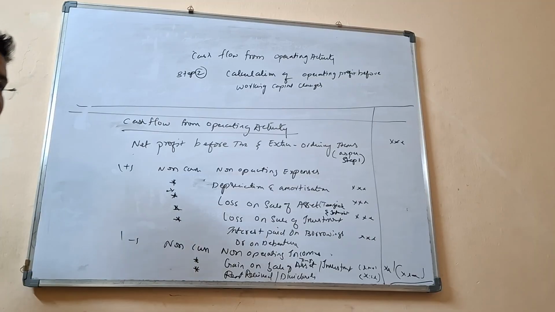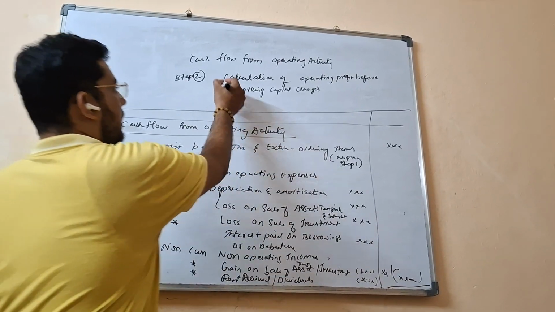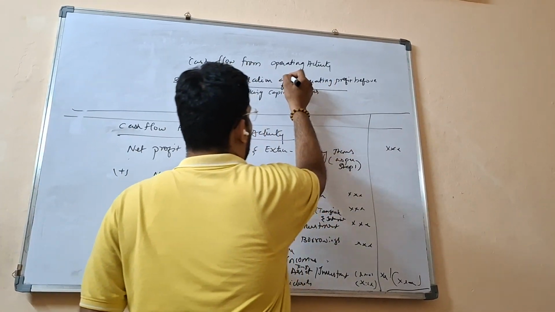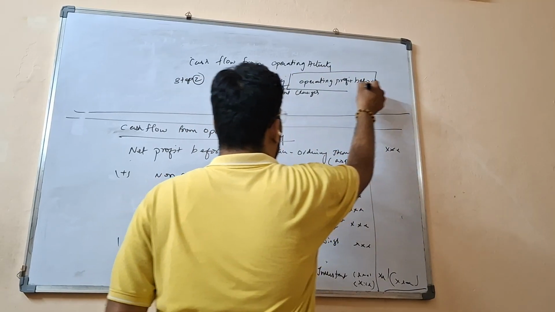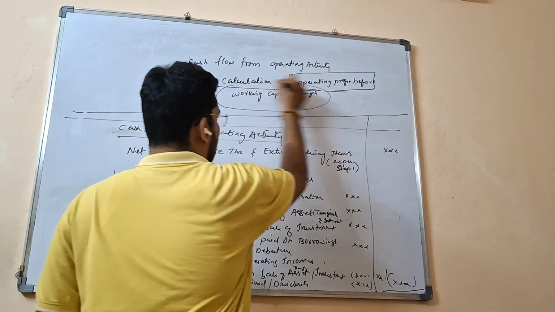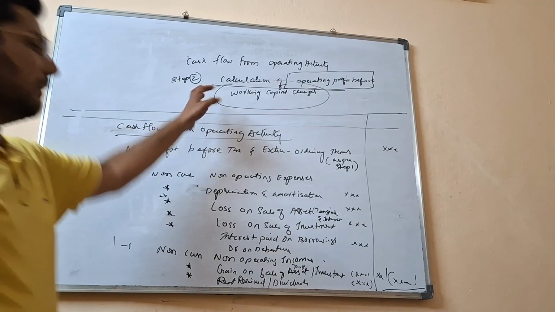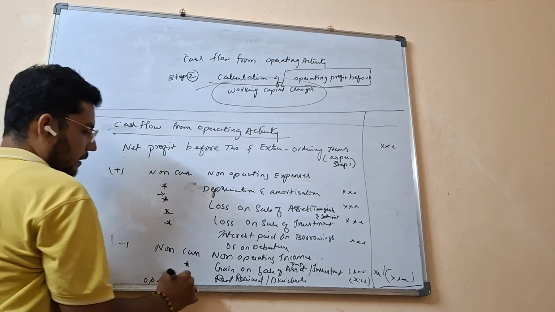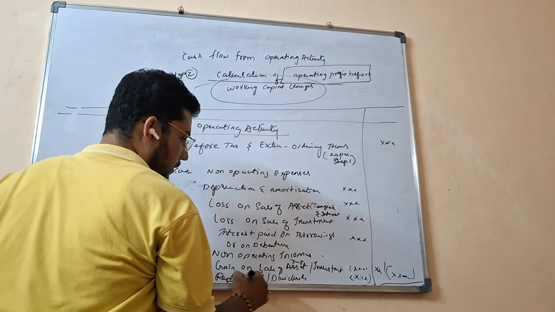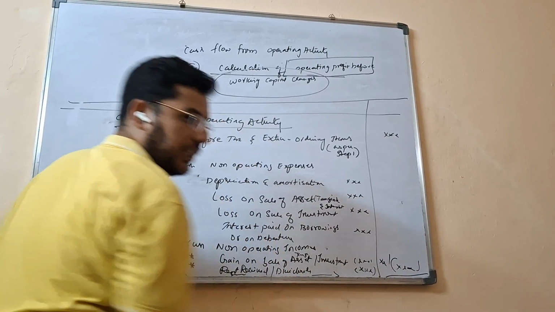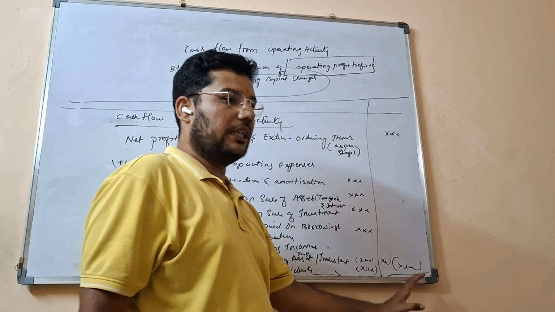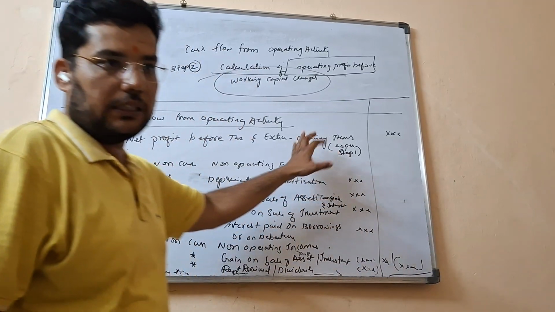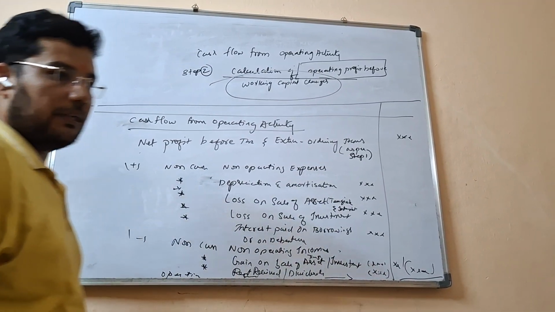Whatever balance which we get, it is considered to be operating profit before working capital changes. I hope you have understood. I am explaining the format as such.